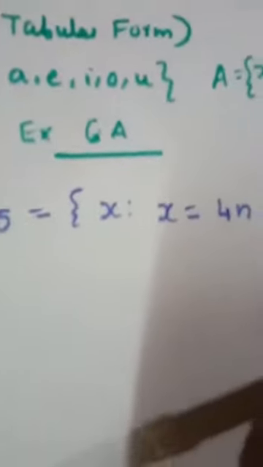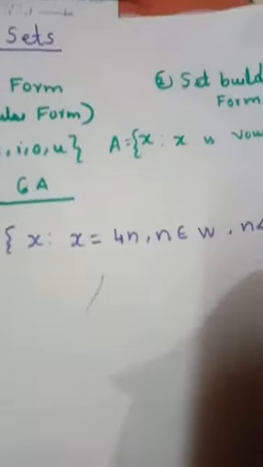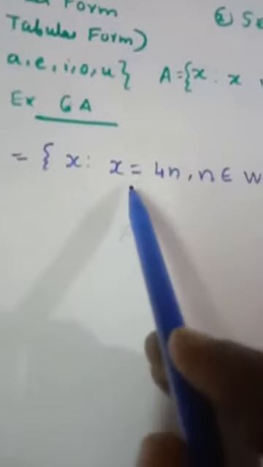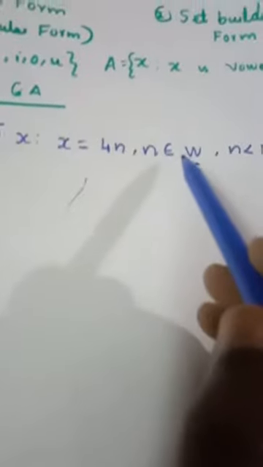Now exercise 6A, first section, sub-question 5. A is equal to the set of x such that x is equal to 4n and n element of W, n less than 4. This is the rule. We want to find the value of x. x is equal to 4n, and this n is an element of W. W means the set of whole numbers, 0, 1, 2, 3, and so on.